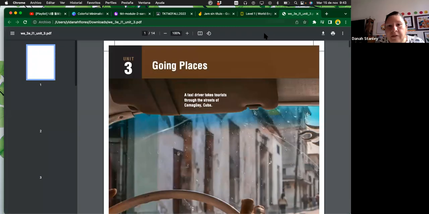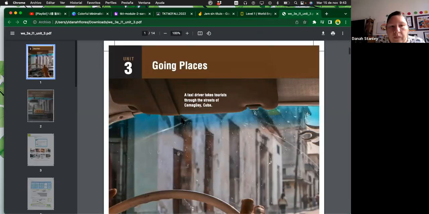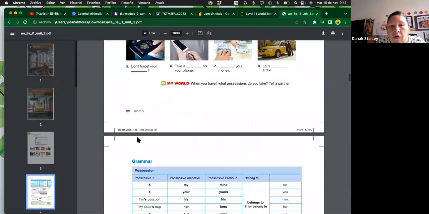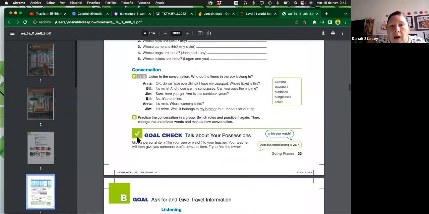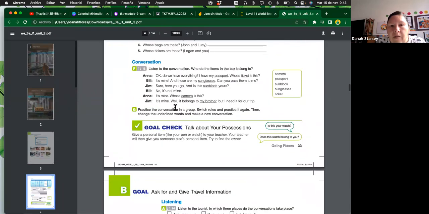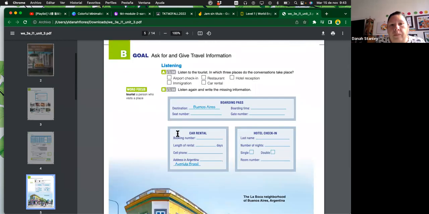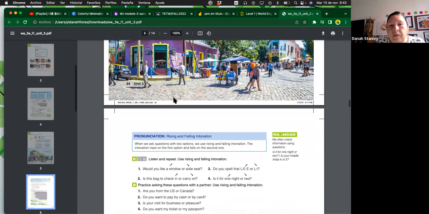But in this case, we have the vocabulary, grammar, input and output. More practice, input.